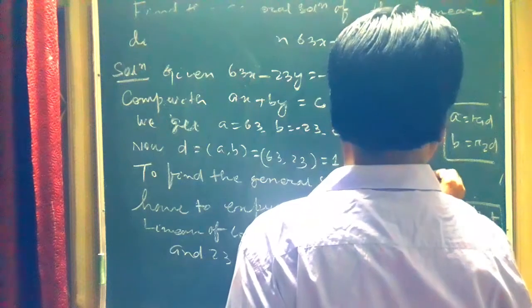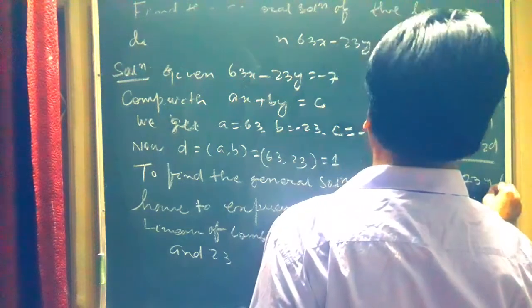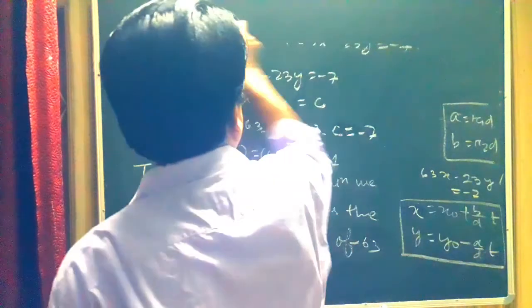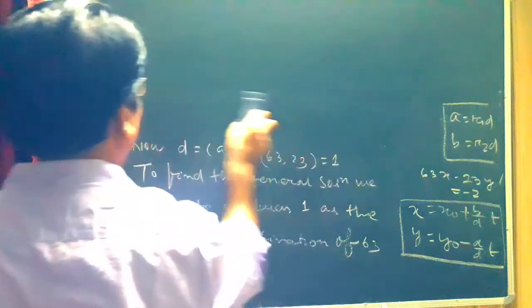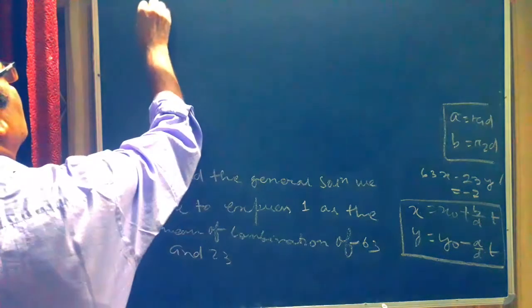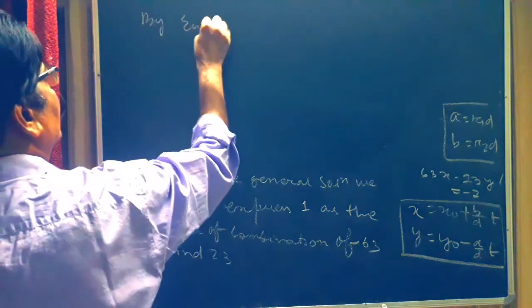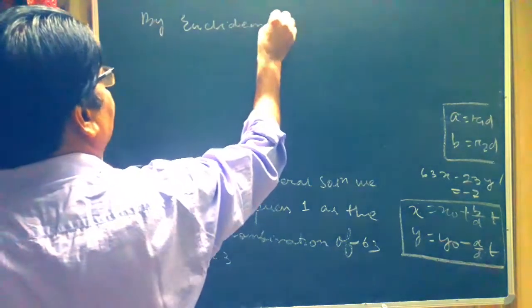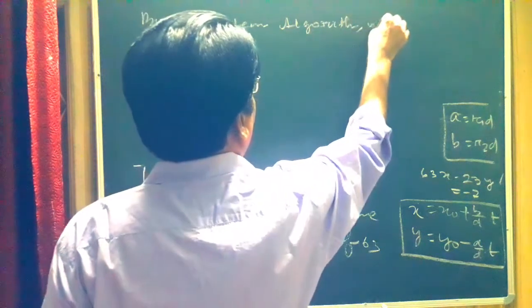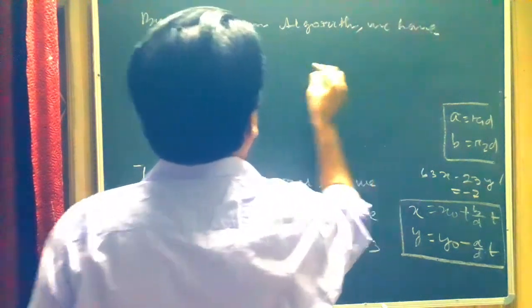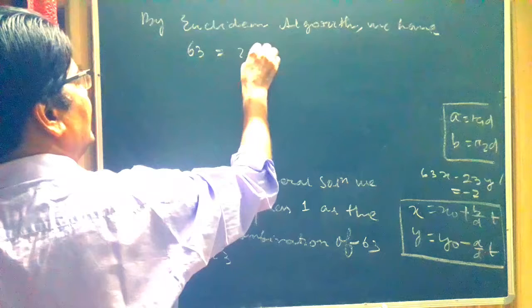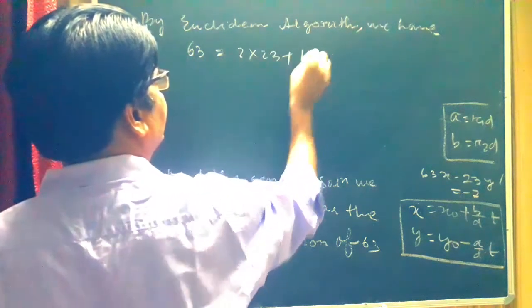By the Euclidean algorithm, we have 63 = 2 x 23 + 17.